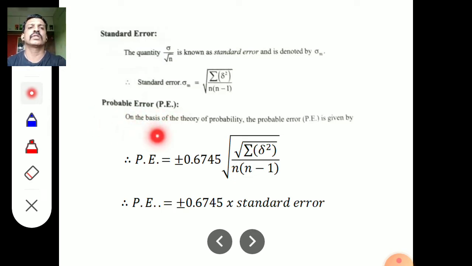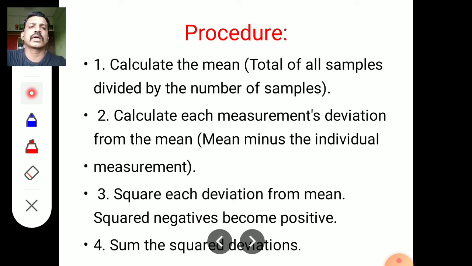Probable error: on the basis of the theory of probability, the probable error P is given by P equals plus or minus 0.6745 times square root of summation of delta square upon n into n minus 1. That is, P equals plus or minus 0.6745 into standard error.